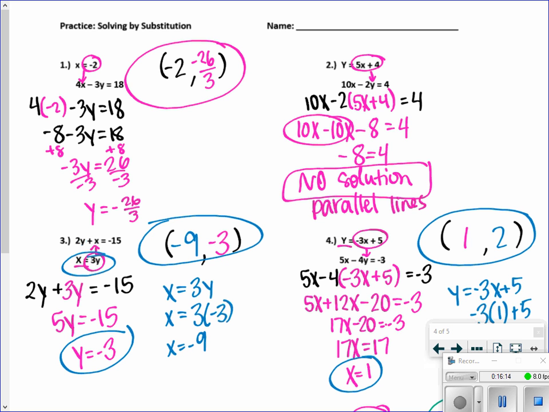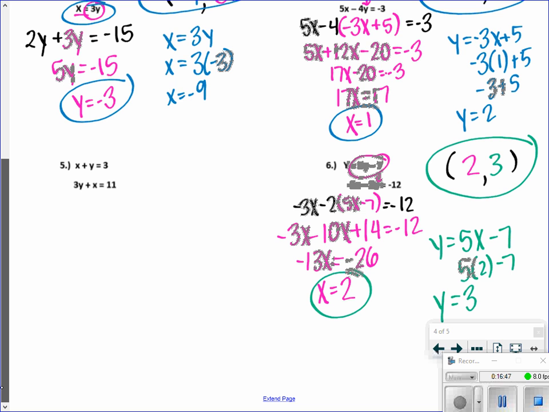What makes them parallel versus coinciding? When it's parallel, the ending equation doesn't make sense. Okay, perfect. Variables cancel. If it doesn't make sense, it's parallel. If it does make sense, if it's true, then it is infinite solutions. They're coinciding lines.